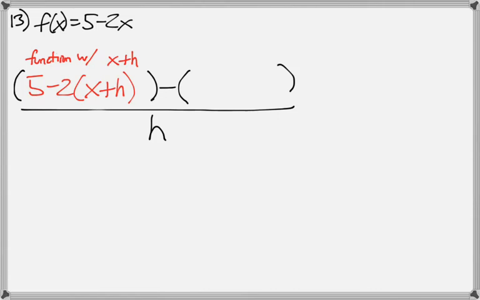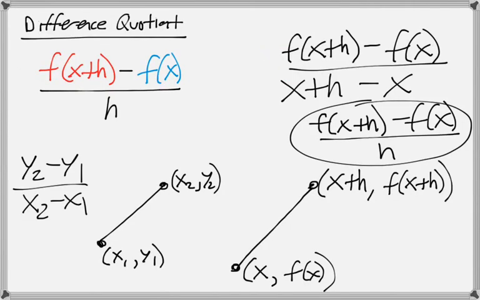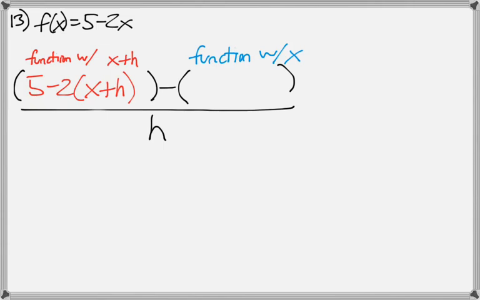Then I want to have the function with x, or you could just say the original function, and I'm getting that from this part of our difference quotient. So I'm really just copying the original function here.